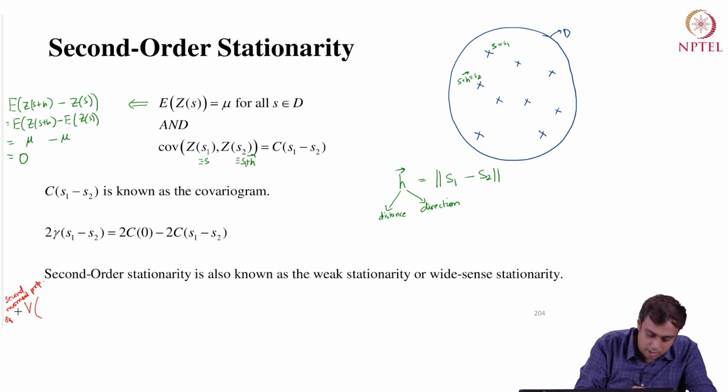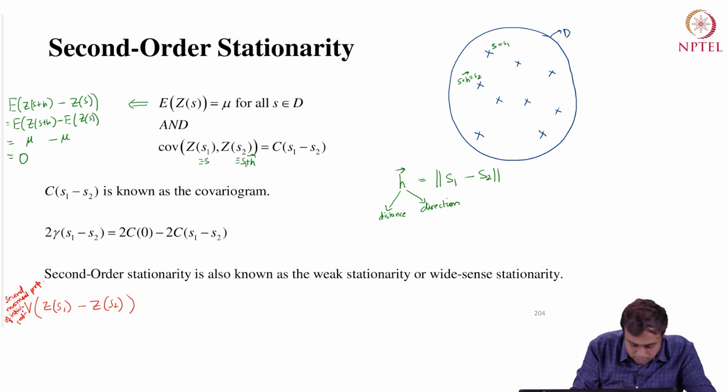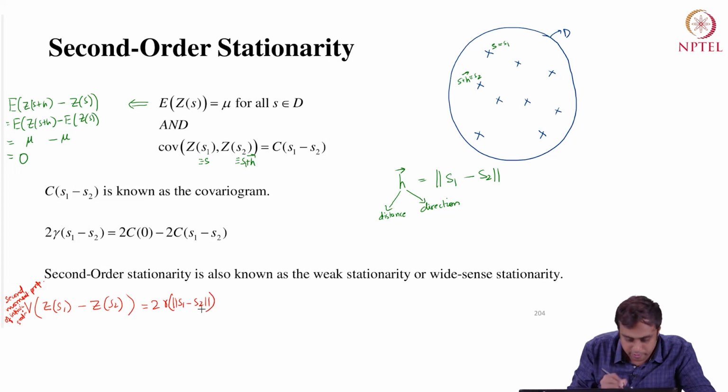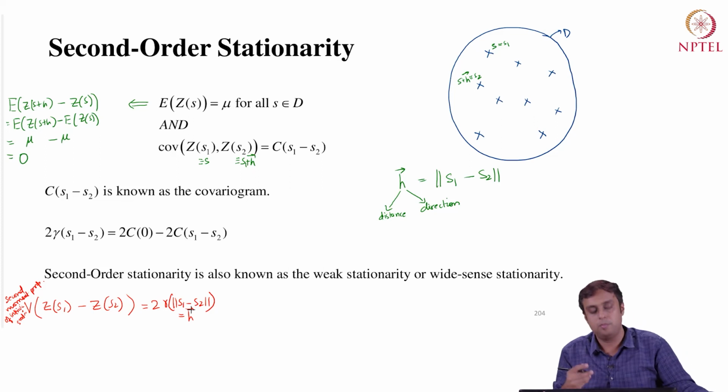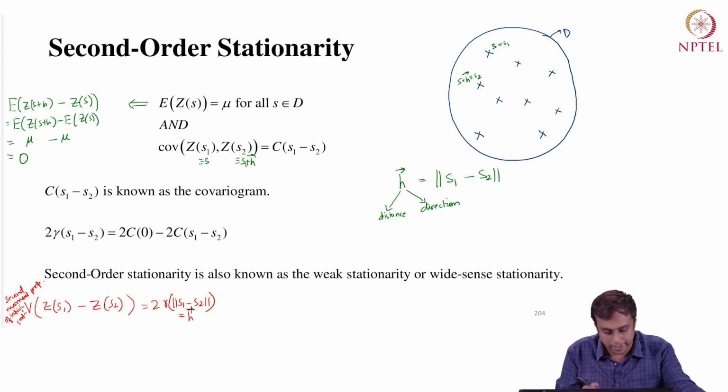of intrinsic stationarity, it is variance of Z(s1) minus Z(s2) is equal to 2 gamma(s1 minus s2), where previously we had just equated this to this value h, right.